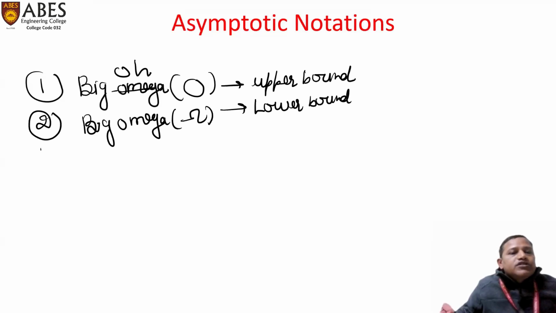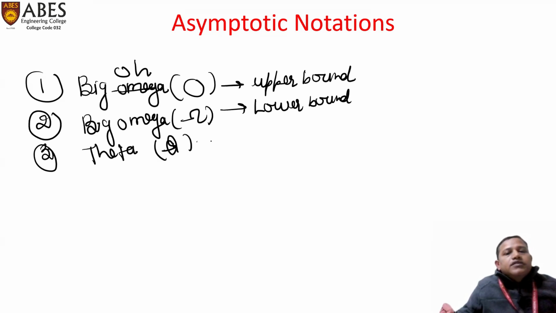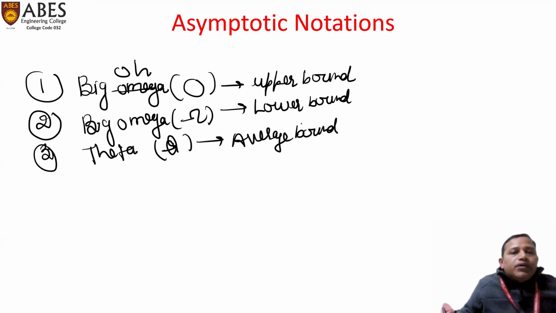And the third one is called theta, represented like this. And this is called average bound.